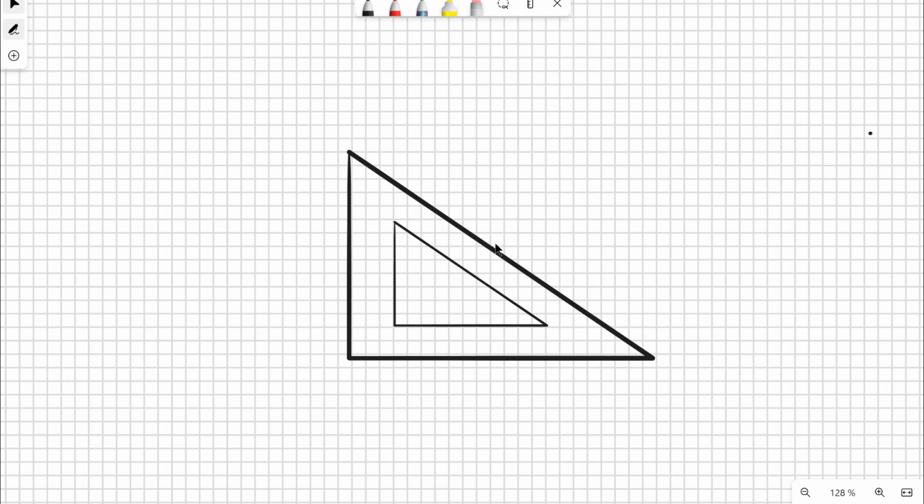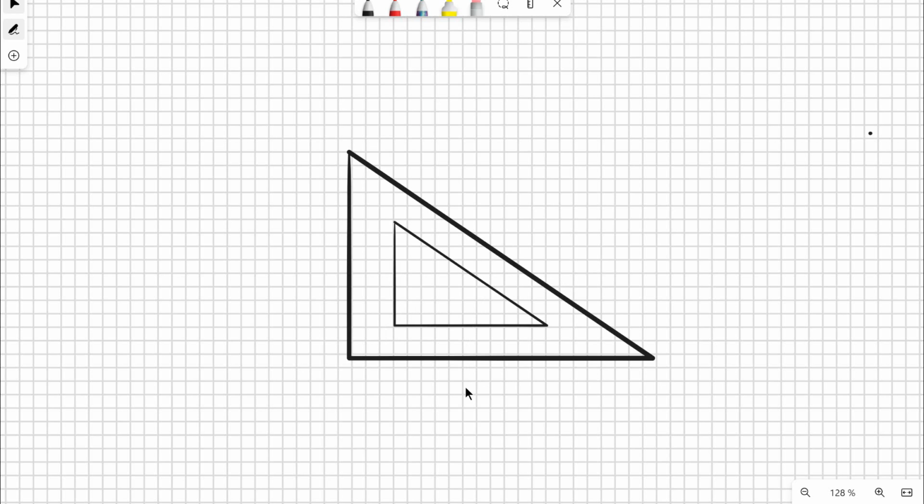Three pairs of corresponding sides: 1 pair, 2nd pair, 3rd pair. And you also see 3 pairs of corresponding angles, and they are equal in size. I say that they are equal, but I mean equal in measure or size.